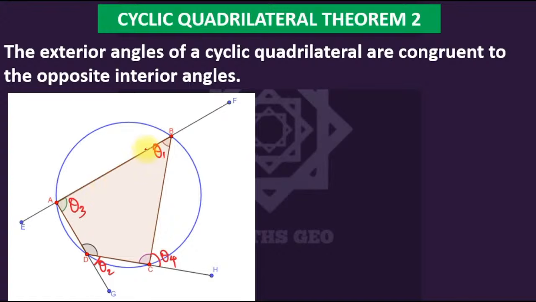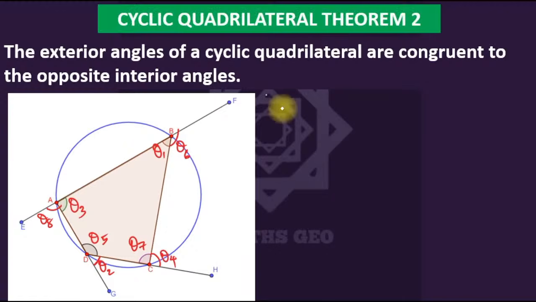If you have interior theta 5, the exterior here is theta 6. Finally, if you have interior theta 7, the exterior here is theta 8. So we can relate each interior and the exterior.